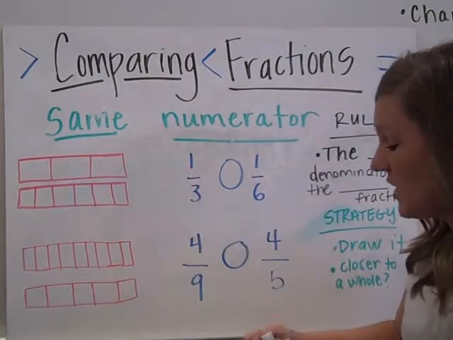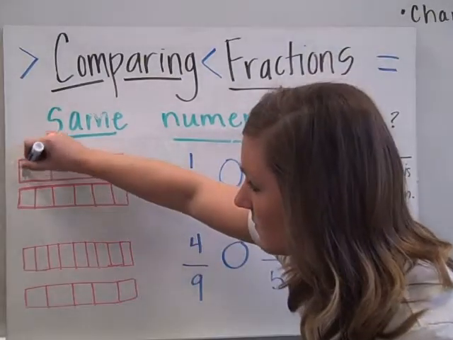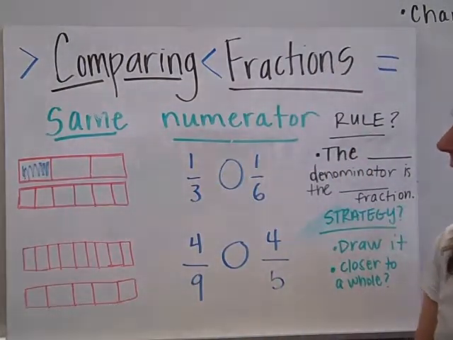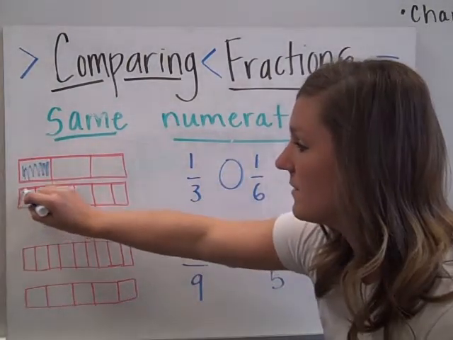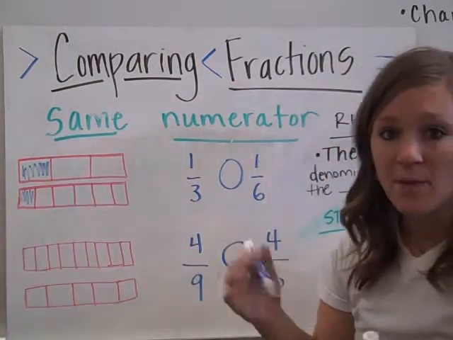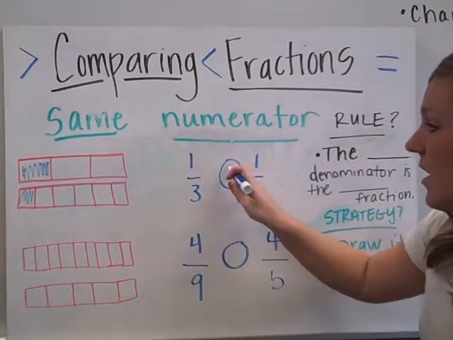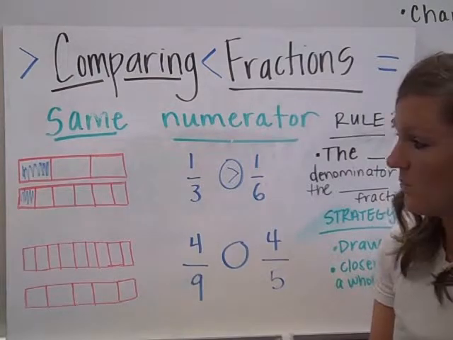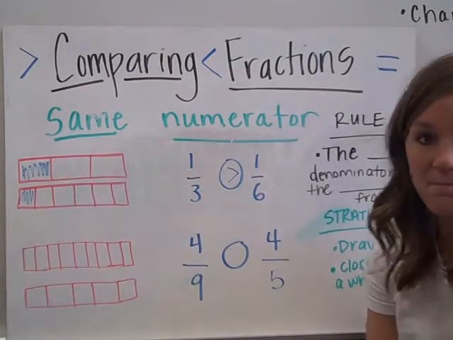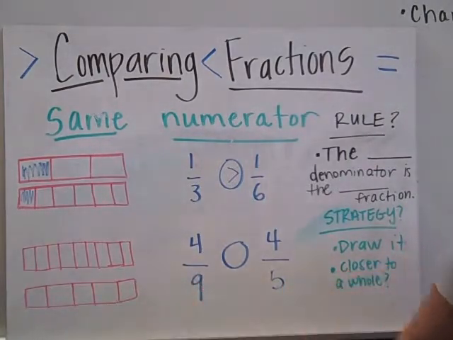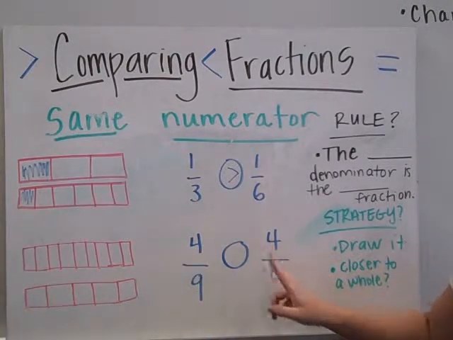All right, so if I shade in 1 of the third, there, and then 1 of the sixth here, I'm easily able to visually tell that this 1/3 is larger or greater than 1/6. Okay? Moving on to this example, 4/9 and 4/5.